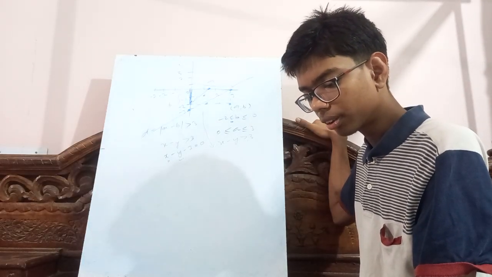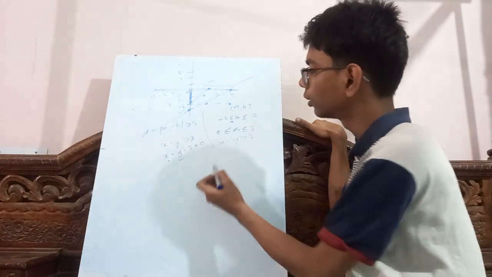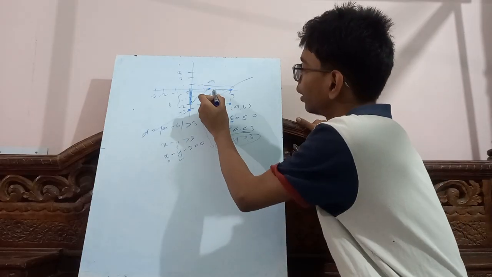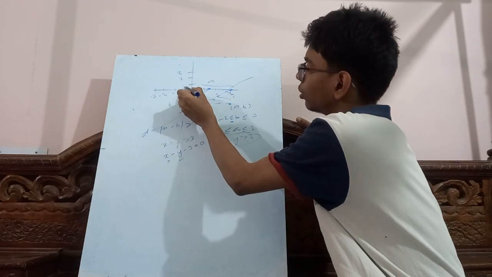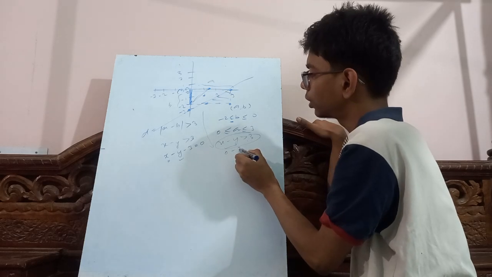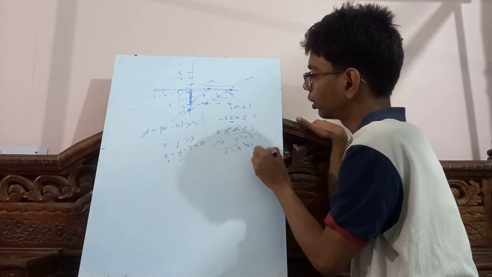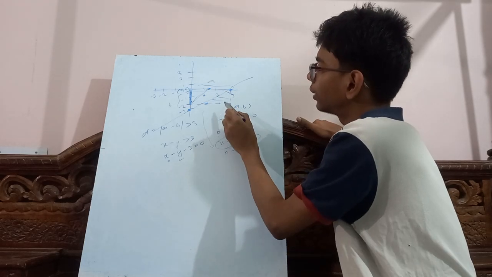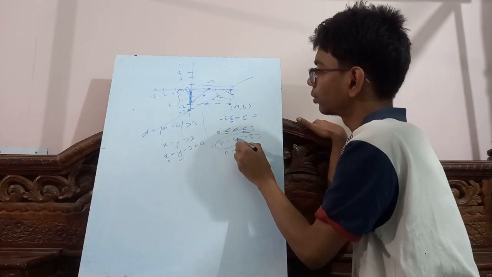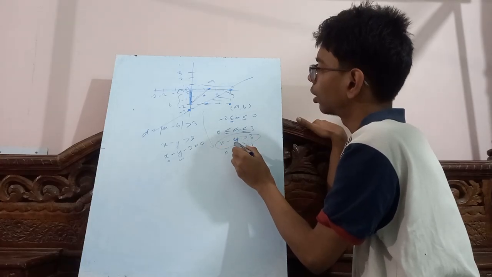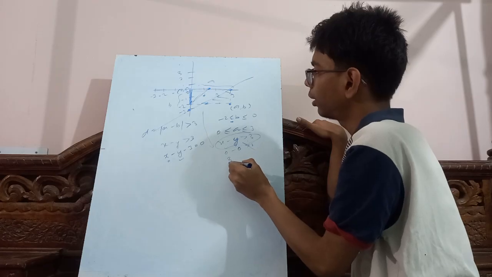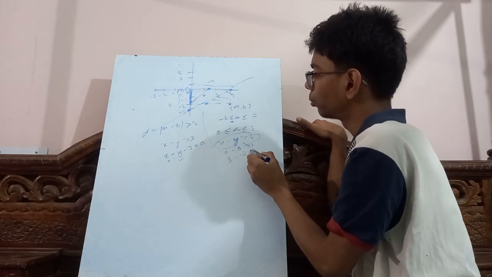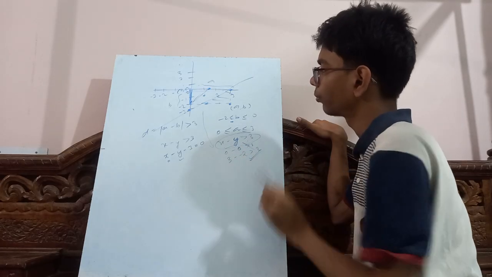So this is valid here, right? Because suppose I take 0, 0, then 0 minus 0 is not greater than 3. But if I take 3 and minus 2, 3 minus minus 2 is greater than 3. So this is true, right?